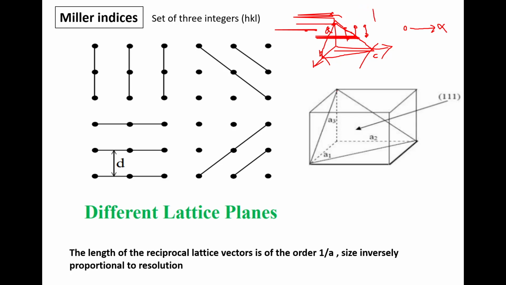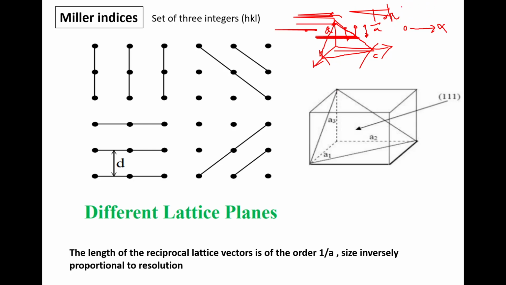So you are taking 1 by A. This gives you a value that we consider as H. Then you are taking 1 by B, which is related to K. And then again 1 by C, that is related to L.